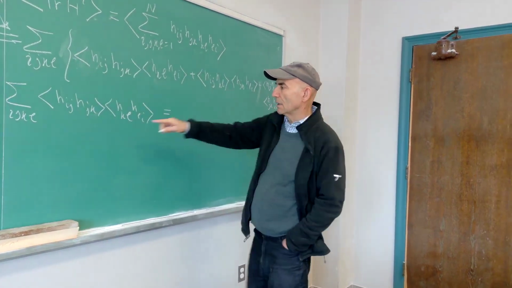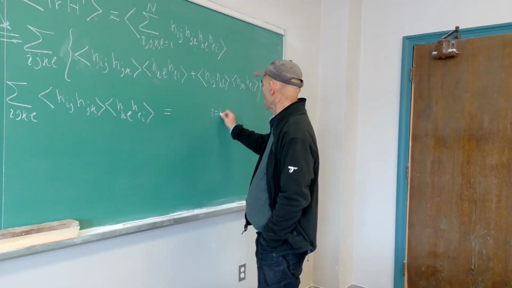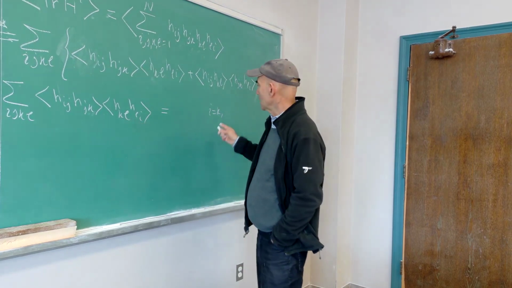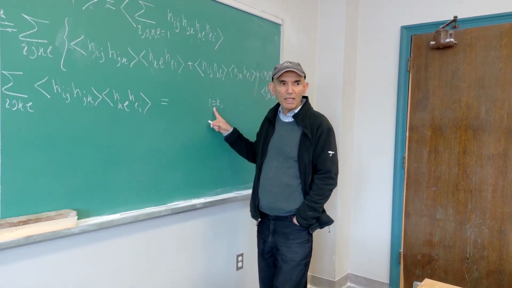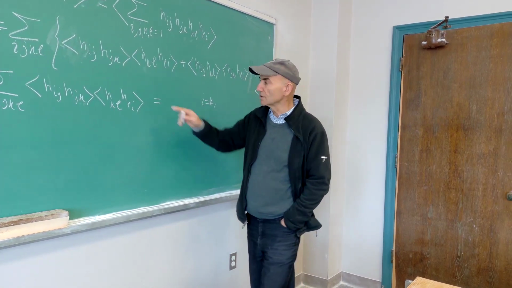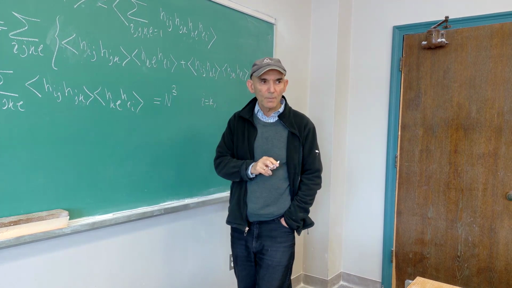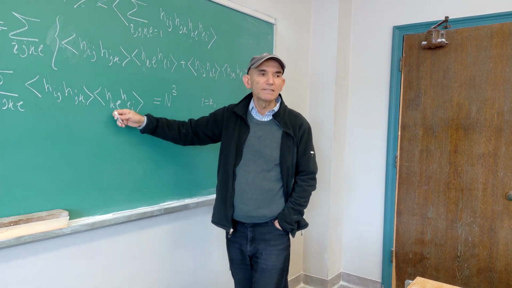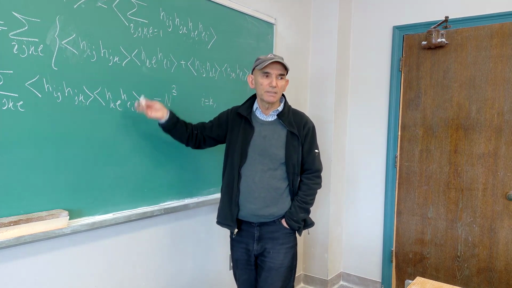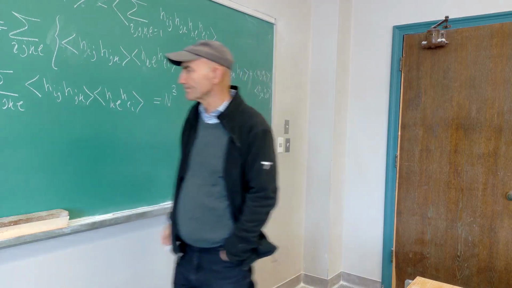This gives us a non-zero value if I is equal to K. And here these two match, again K is equal to I. So there's only one condition, I equal to K. So there are three free indices now, so this term is equal to n cubed. Because each of these terms, when it is non-zero, is 1, and there are n cubed possibilities that they are non-zero. So for this one, we get n cubed.